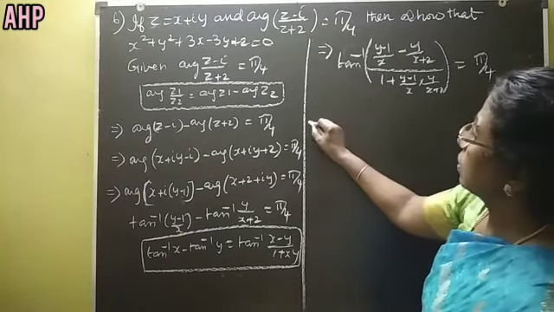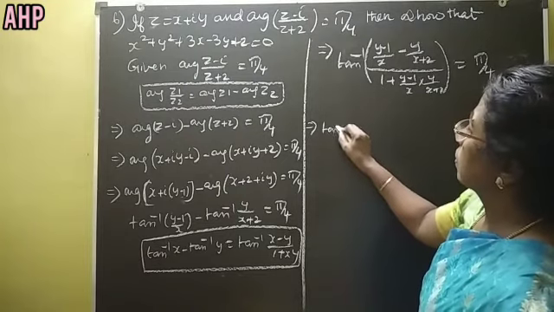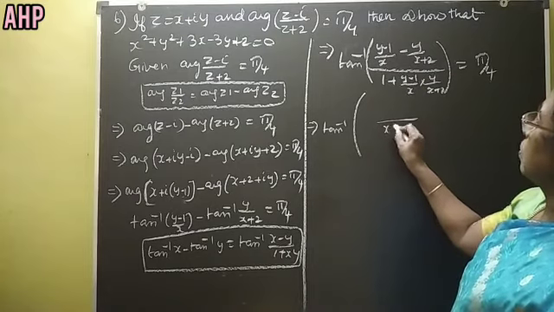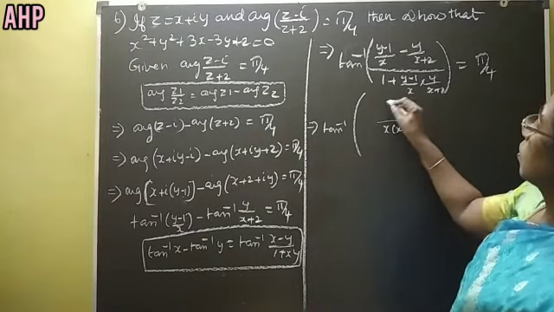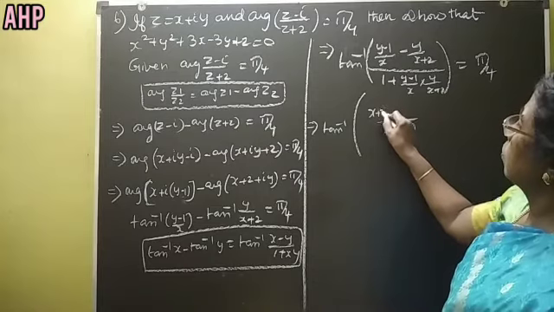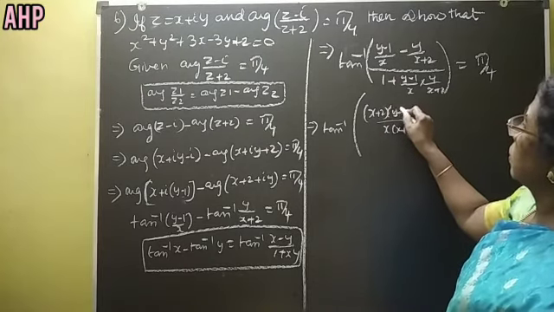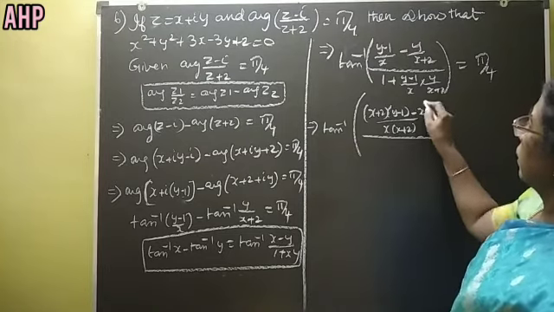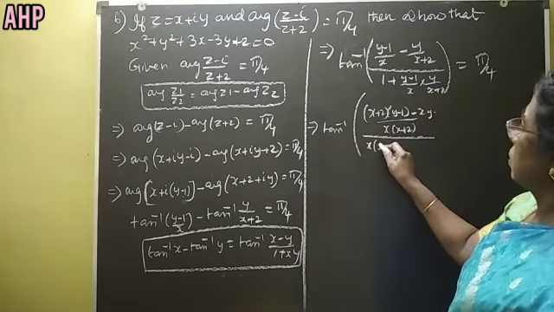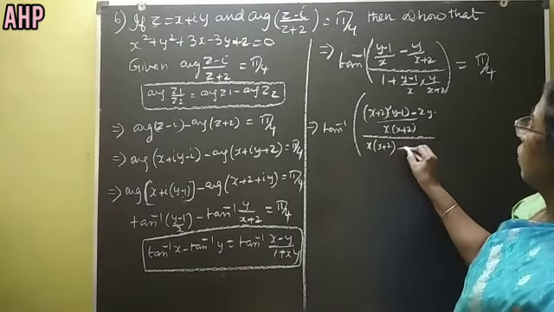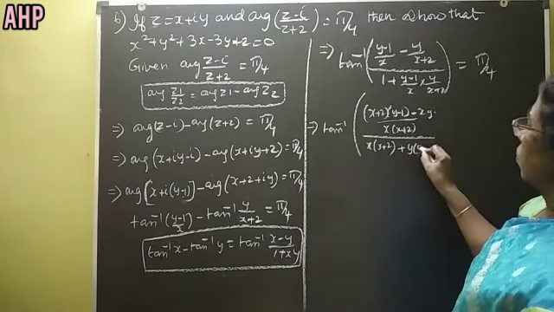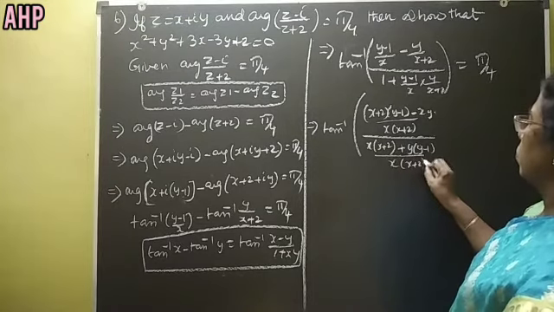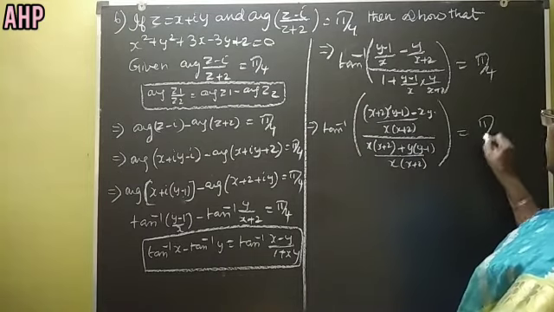Now simplifying this gives tan inverse, LCM is x into (x plus 2). So this will be (x plus 2) into (y minus 1) minus xy divided by x into (x plus 2), plus y into (y minus 1) divided by x into (x plus 2), is equal to pi by 4.